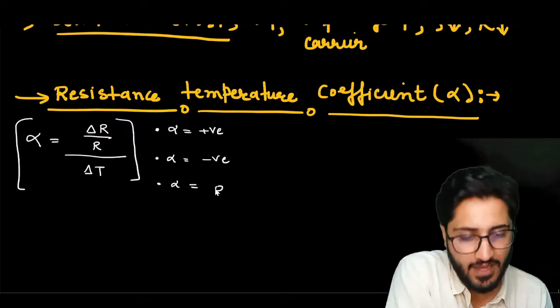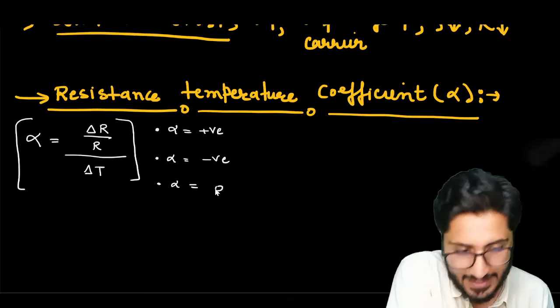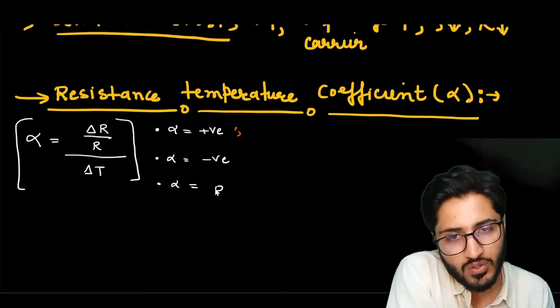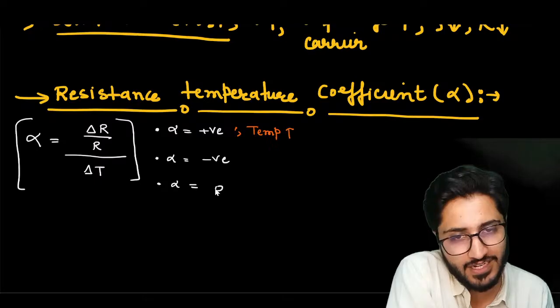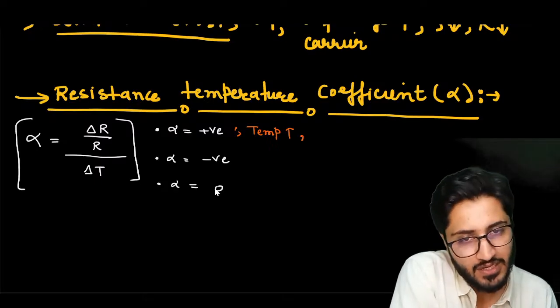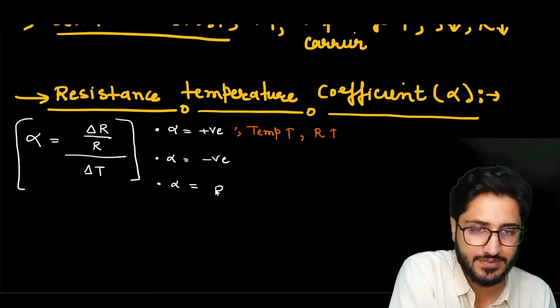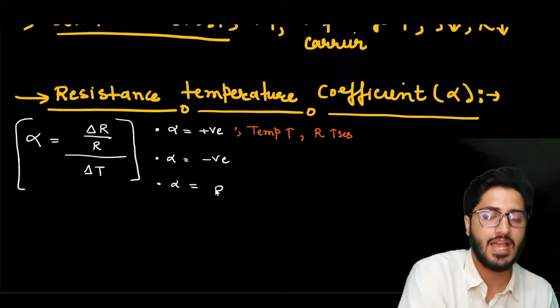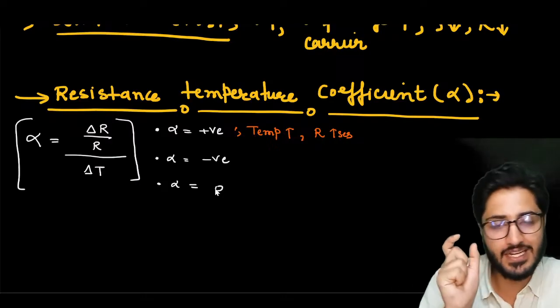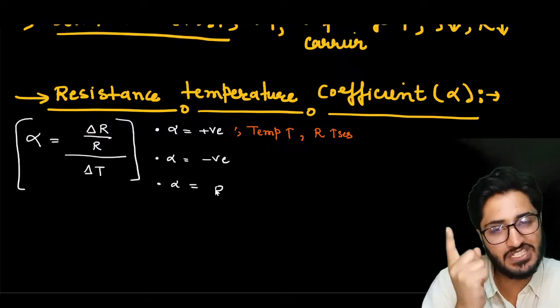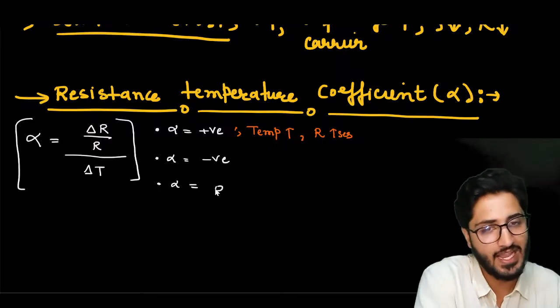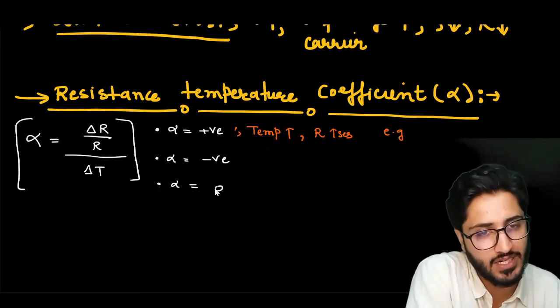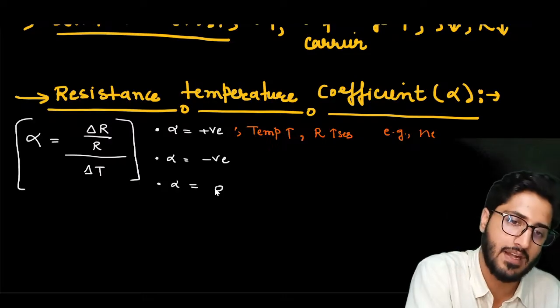If alpha is positive, and we are increasing the temperature, resistance increases. Alpha positive simply indicates that with an increase in temperature, resistance increases. I guess this property belongs to conductors or metals.